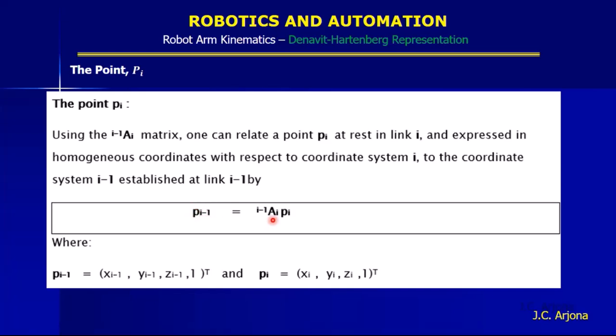Pi-1 is equal to A i to i-1 times Pi, where Pi-1 is the Xi-1, Yi-1, and Zi-1 coordinates, while Pi is Xi, Yi, and Zi, comma 1 coordinates for the Pi.